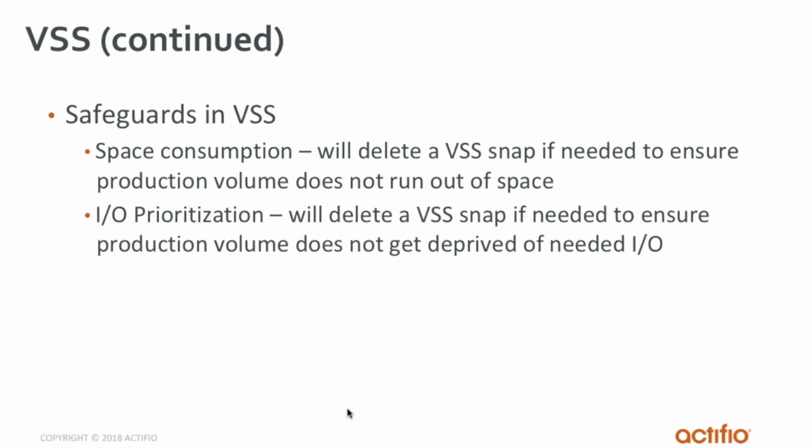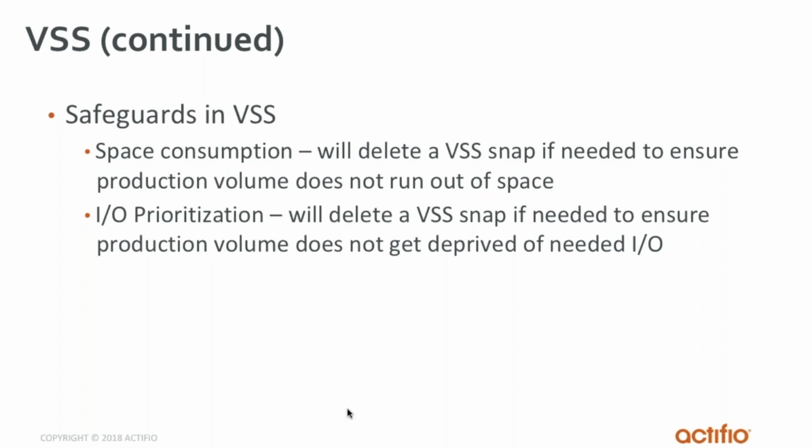So the way the provider works is it's so tightly integrated with the core disk drivers that it knows to prioritize production I/Os first. And so it sits and it waits for a gap in the I/O long enough for it to do its work that won't affect the production I/O. If it can't get one, it will say, hey, I can't allocate more space for the snap, therefore I have nowhere to store these changes, delete the snap.